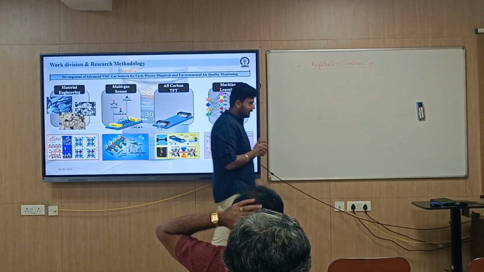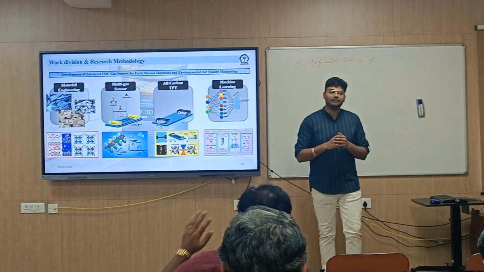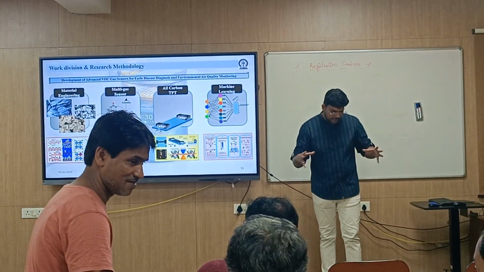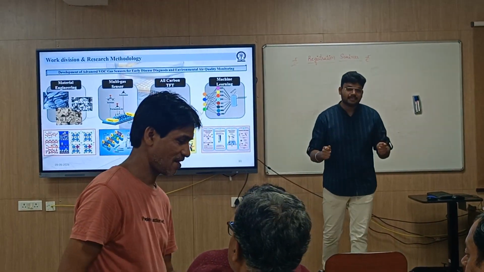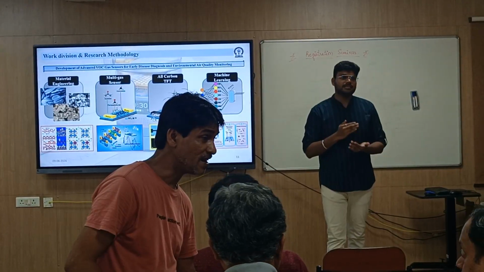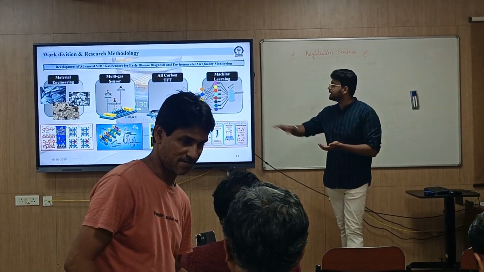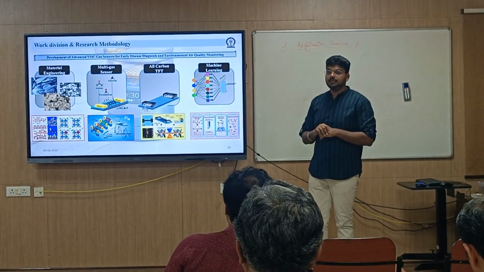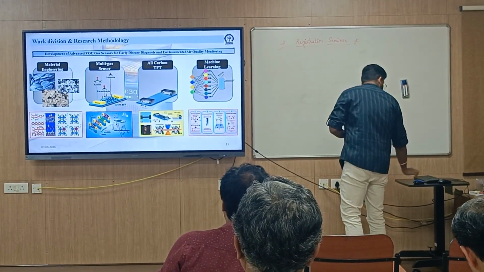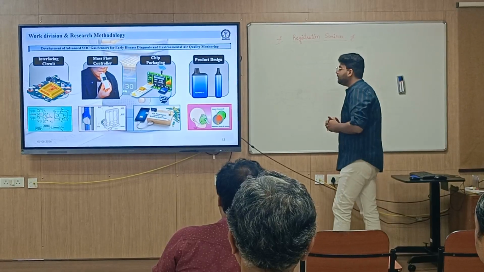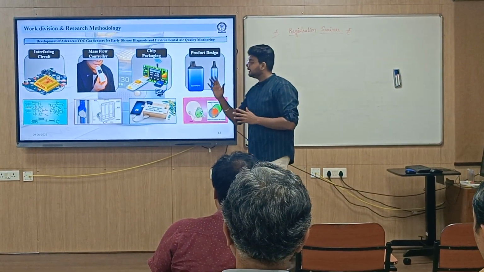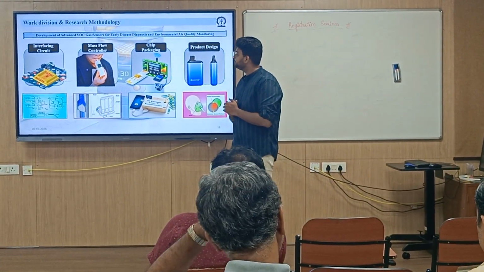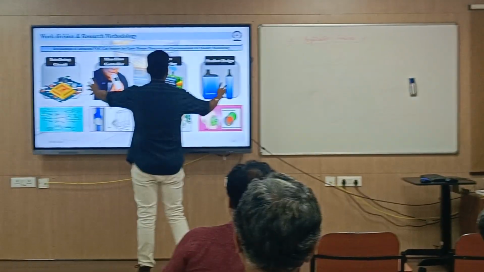And again, the ML part: we have to maintain a database. We have to do rigorous experiments to create a database which can be input into an ML model. Then the interfacing circuit of these devices, and then these three.